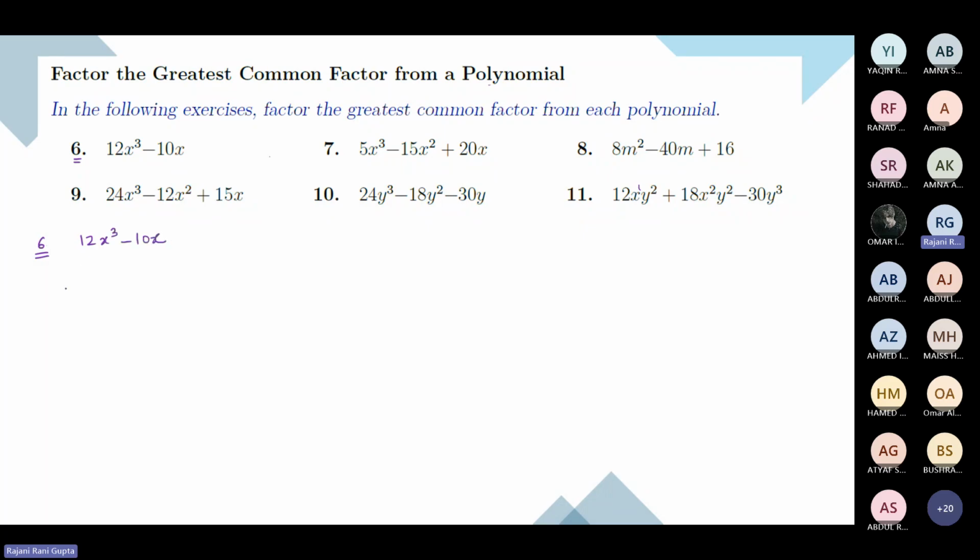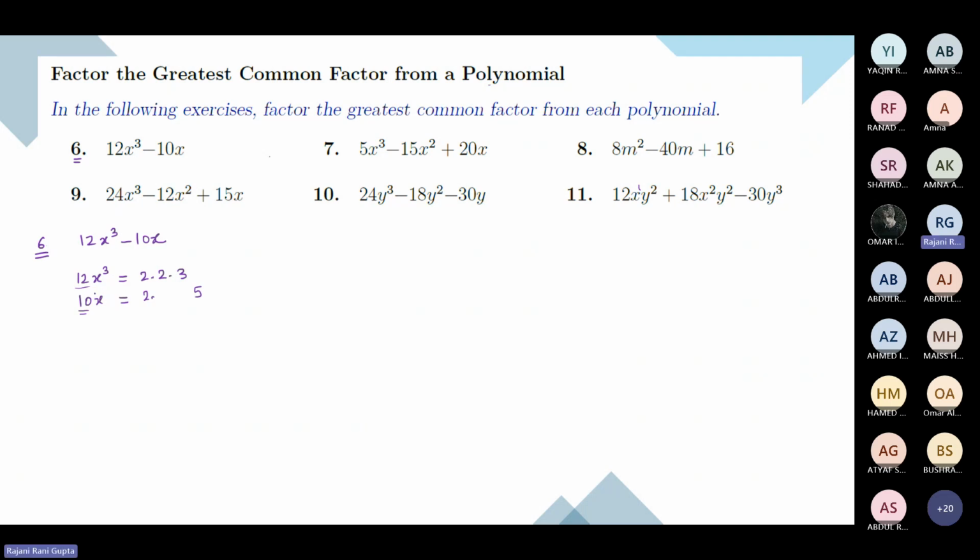You will find the greatest common factor for both terms. 12x cube, how can you write it? 12 is 2 times 6, and 6 is 2 times 3. And 10 is 2 times 5.